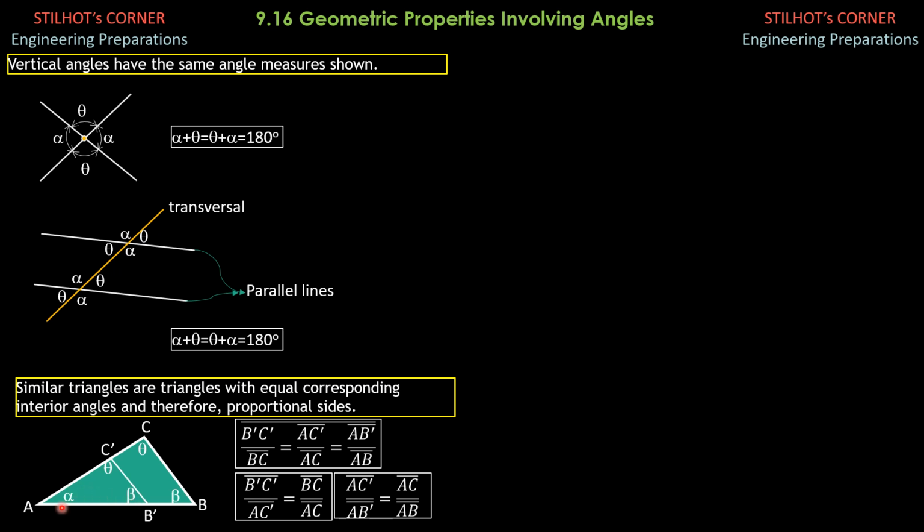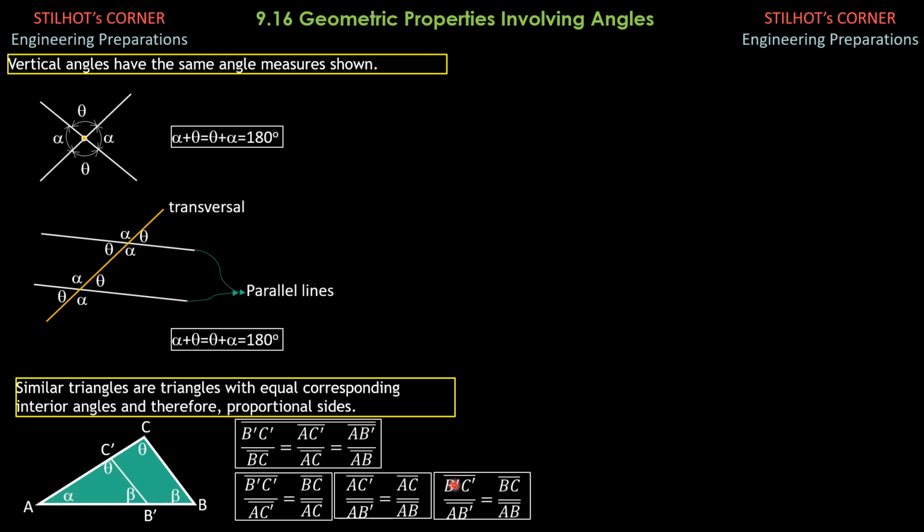So opposite of beta is AC prime in the smaller triangle, opposite of theta is AB prime, equals opposite of beta in the bigger triangle, which is AC, as to opposite of theta, which is AB here. And finally, we have opposite of alpha as to opposite of theta. Opposite of alpha in the smaller triangle is BC prime.